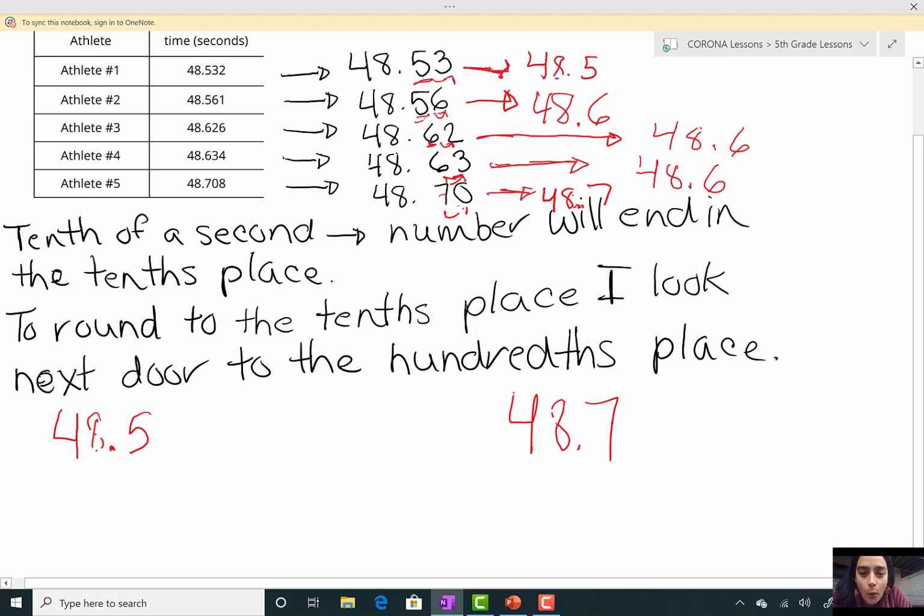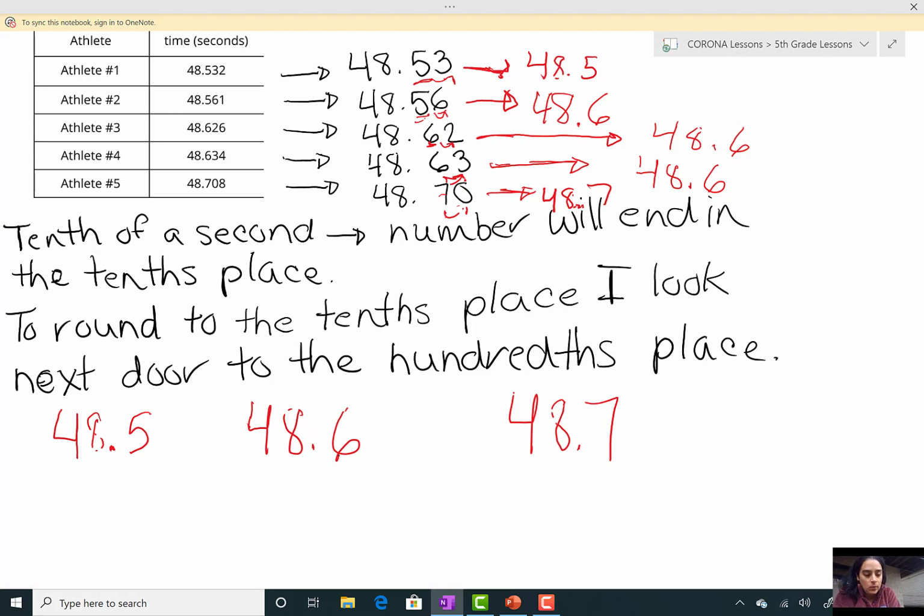Athletes 2, 3, and 4 all have a time of 48 and 6/10. We might know who came in first. We might know who came in 5th. Okay, but who came in 2nd, 3rd, and 4th right now is all here.